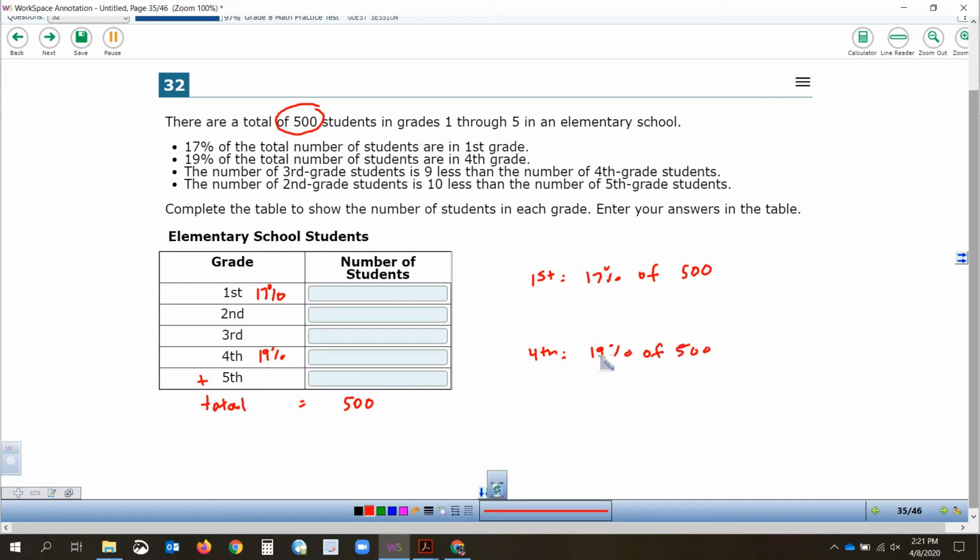So what do I know? I know that there's a few more fourth graders than there are first graders. 2% difference. So how do I find 17% of 500? I need to do 0.17 times 500. And how am I going to find 19% of 500? 0.19 times 500. All right, let's do that then.